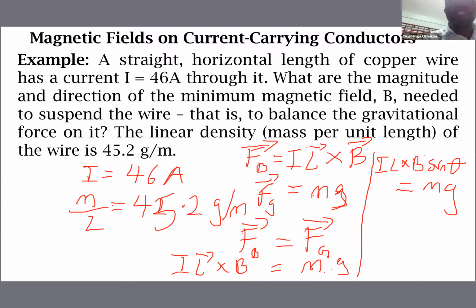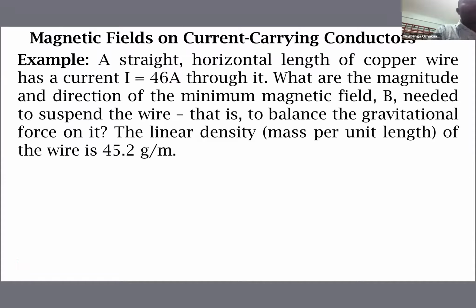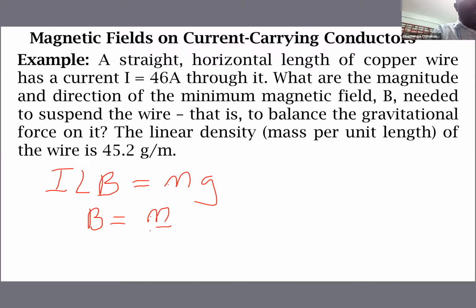So we let theta equal 90 degrees so that we have the maximum. Then ILB equals mg, and we can say that B is equal to M over L times G times 1 over I.